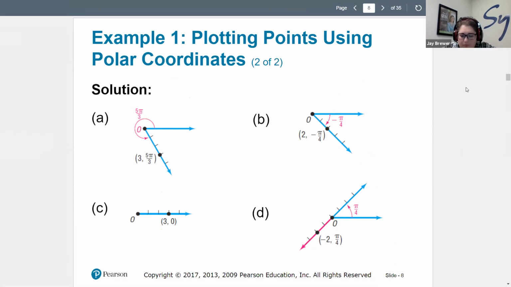All right. So the next thing we're going to look at is finding several polar coordinates of a single point. So before we even get to it, why do you think that's a possibility? Why do you think it's possible to have the same polar point represented by multiple polar coordinates? What do we know about angles at this point?